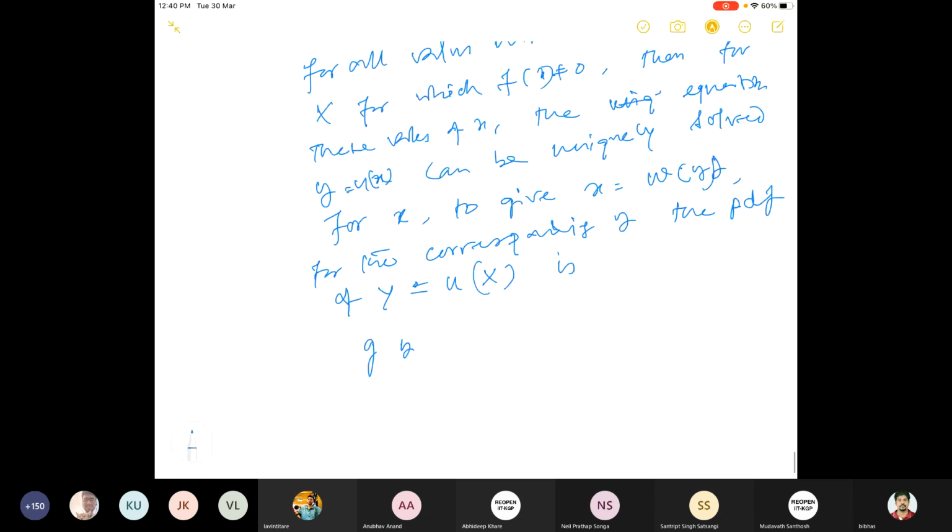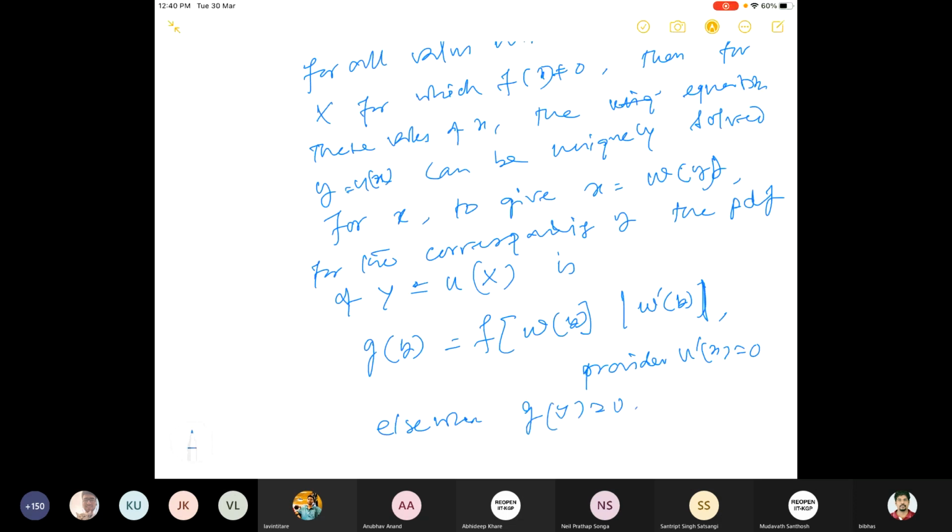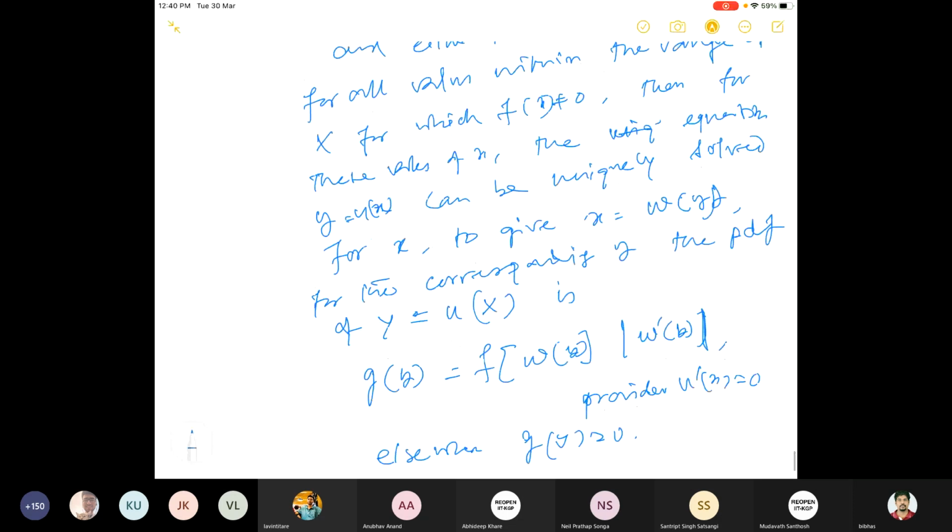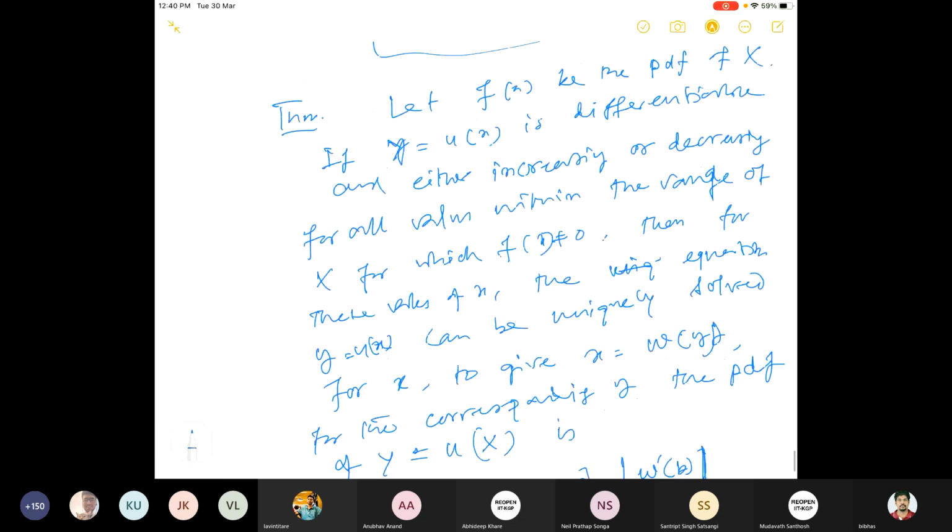So this is just a formula, which is f of w(y) times mod of w dash y, provided u dash x is not equal to 0, and elsewhere, g(y) is equal to 0. So basically, what is given is you are asked to calculate the PDF of this y, which is a function of x, and the PDF of x is given to you.